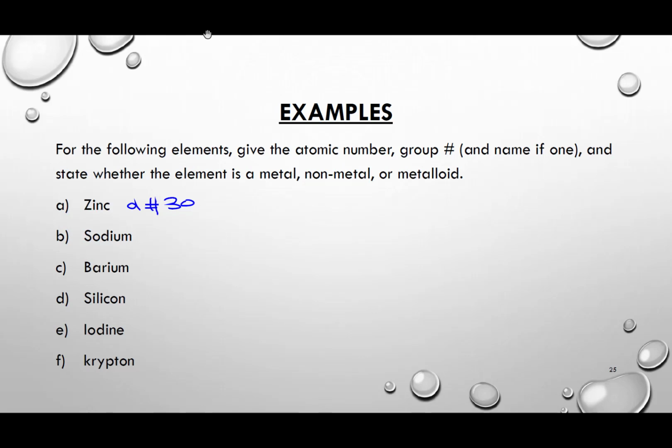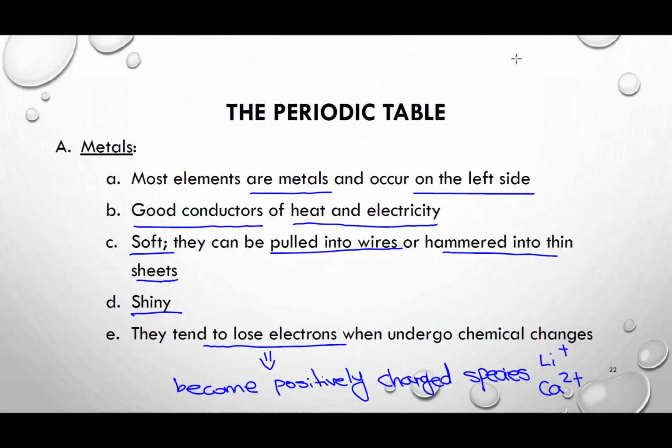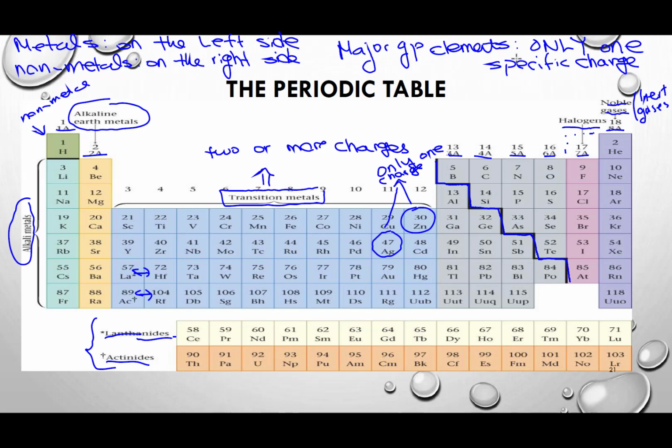It's a transition metal. And what group does it belong to? Let's go and look at the periodic table. That's where zinc is. You see it? Right here.